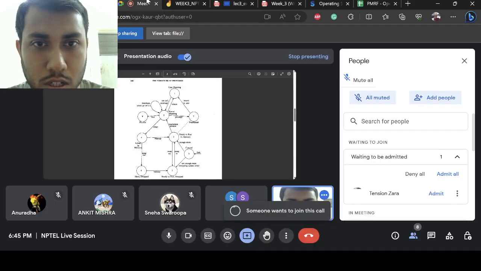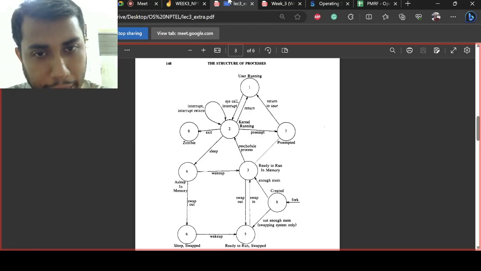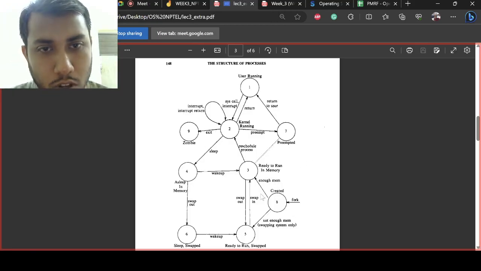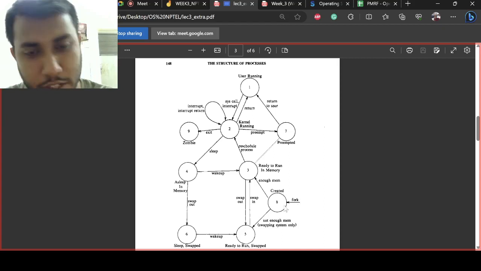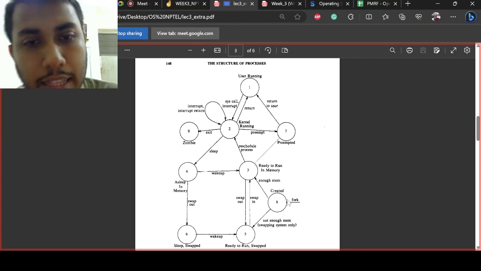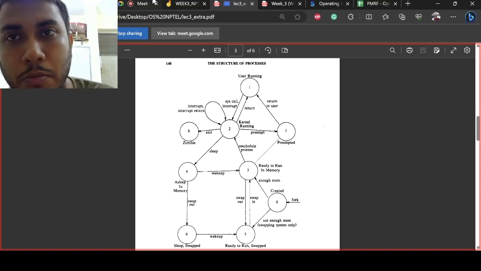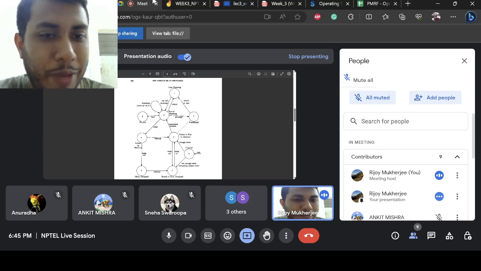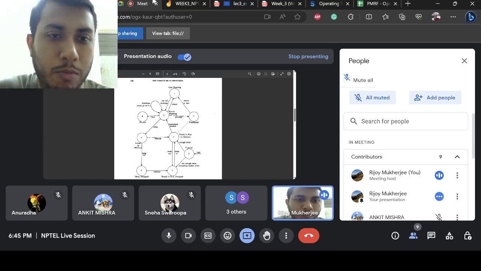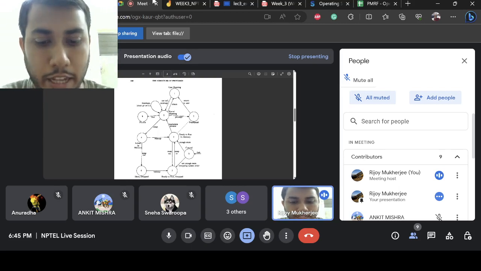So this is your process diagram. This is fork, the process creation, so this is the state of process created. Now two things happen here. If there is enough memory, if there is enough RAM, so basically each process is associated with some memory. From the Windows Task Manager view, you can see that every process is associated with some memory.